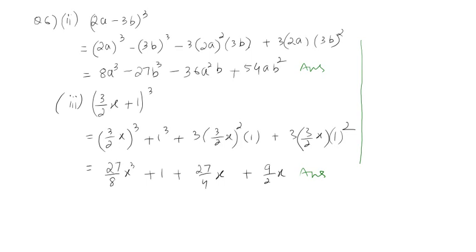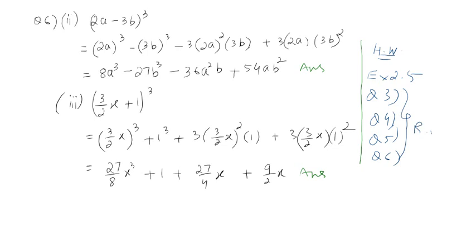The homework is: you will do exercise 2.5, question number 3 remaining part, question number 4 remaining part, question number 5 remaining part, and question number 6 remaining part. So all the questions' remaining parts. Okay, RP means remaining part. So that's the homework.